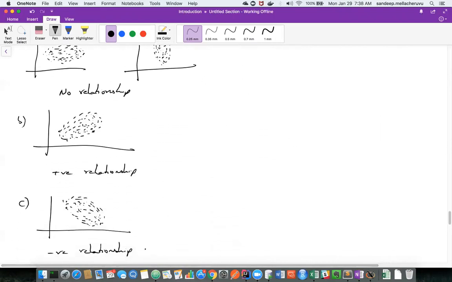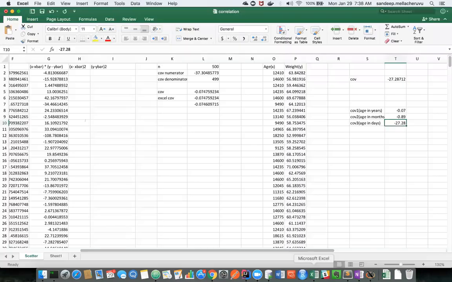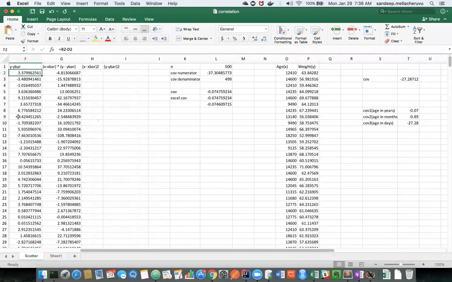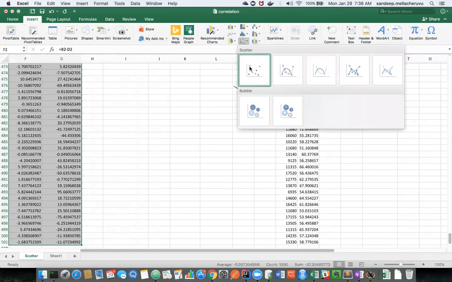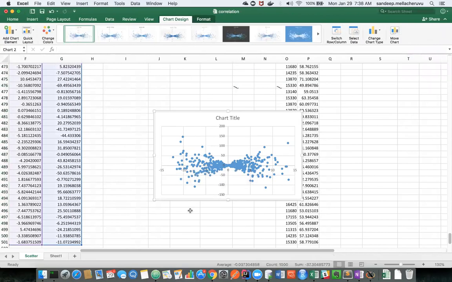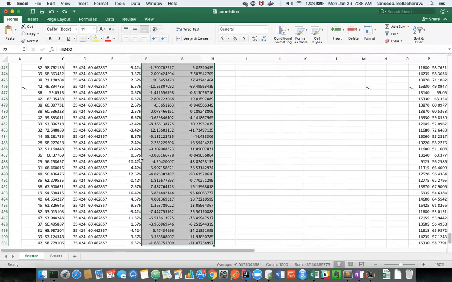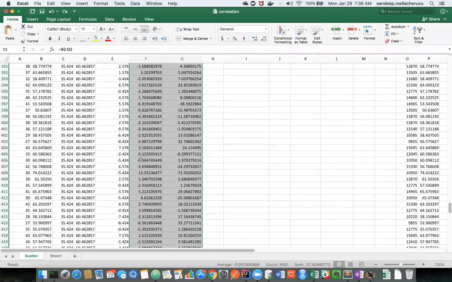But the only thing is, when there is a relationship like this, let me show it again. I think I messed up with something. One second. Okay, I'm not using the proper one.